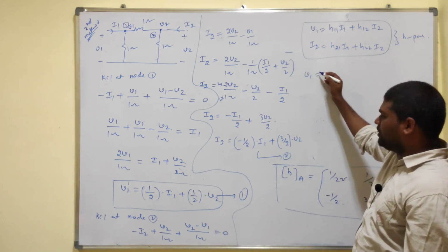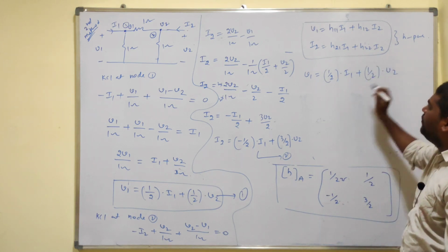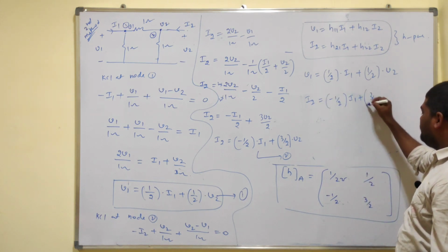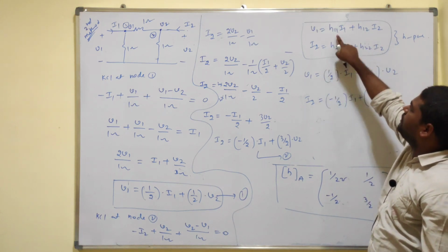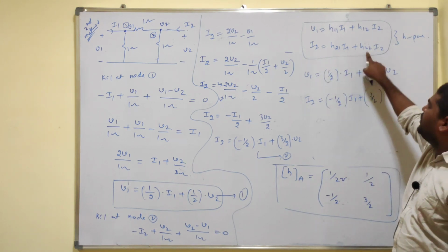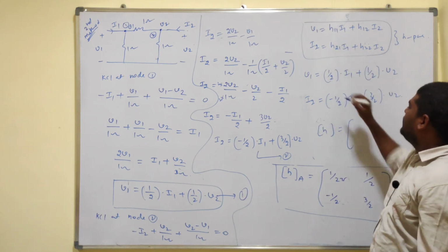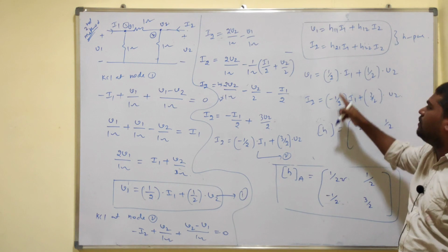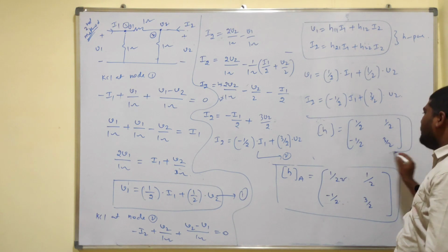V1 equals 1 by 2 I1 plus 1 by 2 V2, and I2 equals minus 1 by 2 I1 plus 3 by 2 V2. Compare with these two expressions. From this, H11 equals 1 by 2, H12 also 1 by 2, H21 minus 1 by 2 and H22 3 by 2. This is your H matrix.